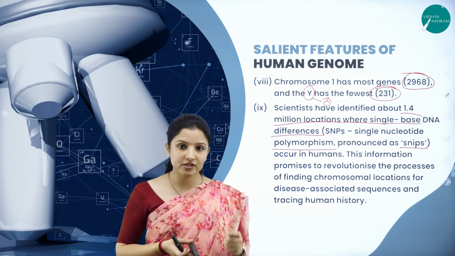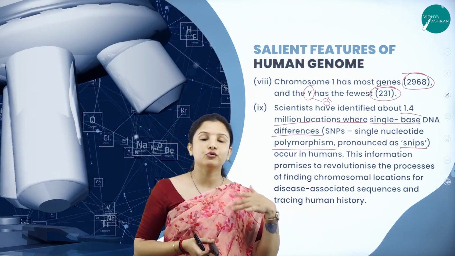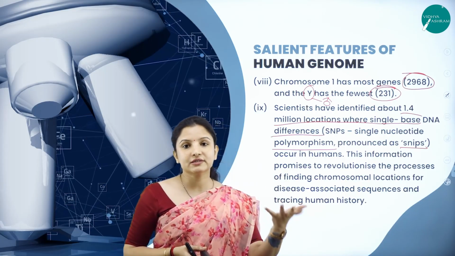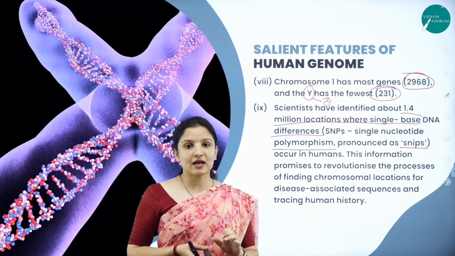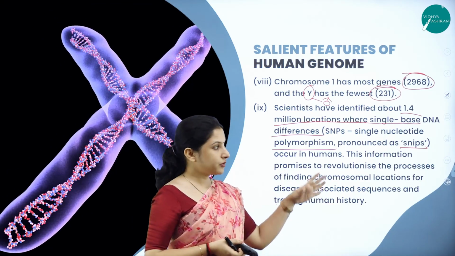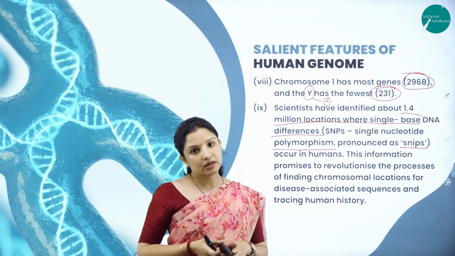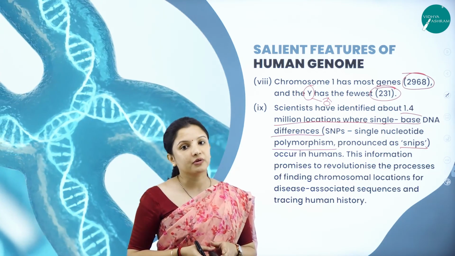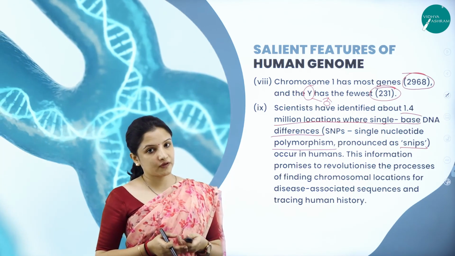Not just that, it is possible to identify a culprit: the forensic department can identify the DNA sample through the presence of SNPs in the DNA. That is when DNA fingerprinting comes to help. So this was about the salient features.